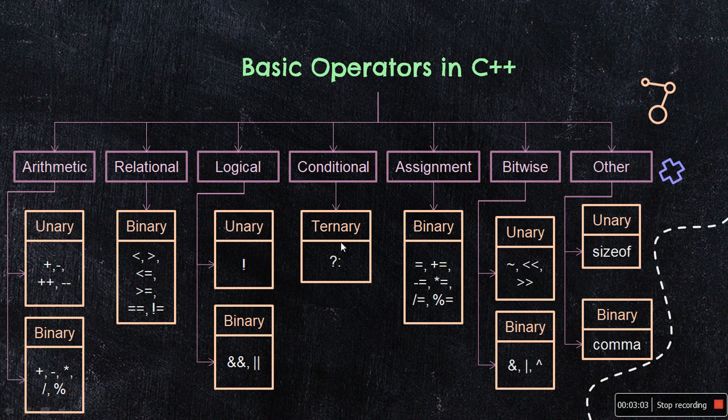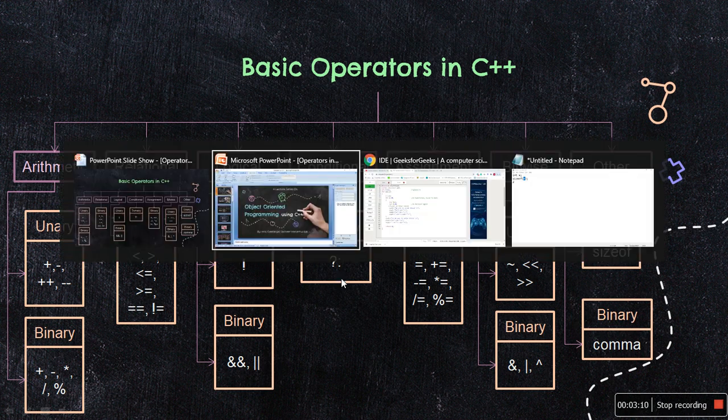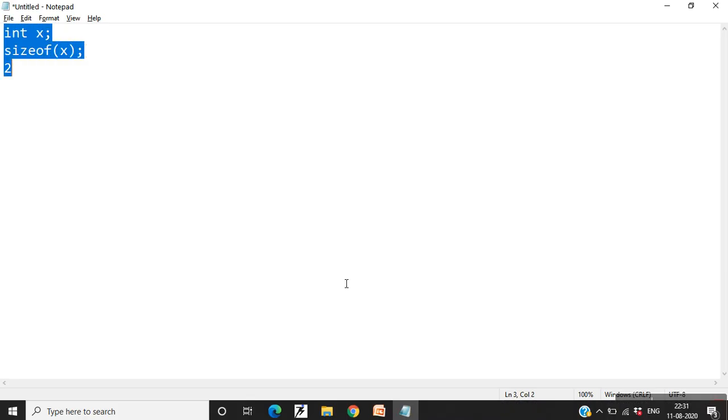The fourth one is the conditional operator. It is a kind of ternary operator which is a question mark followed by a colon. If you are not aware of this operator, let me explain. It represents an if x then y else z kind of statement.